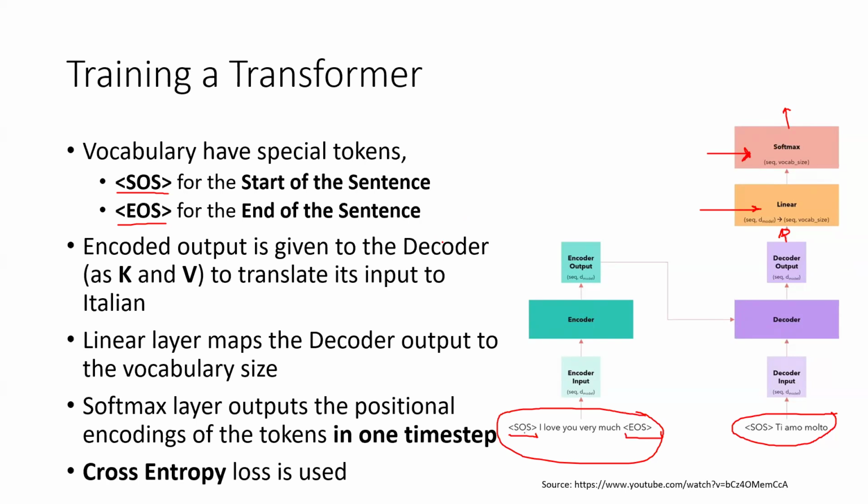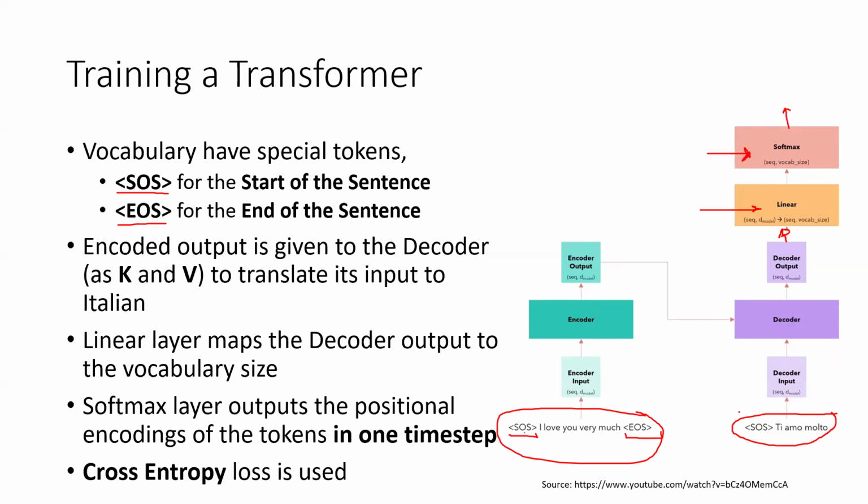So when it comes to the transformer learning process, you don't have to train token by token. That means you don't have to execute this process for all the tokens one by one.